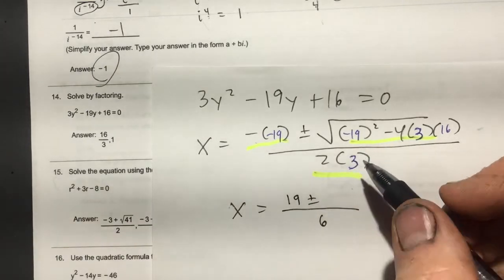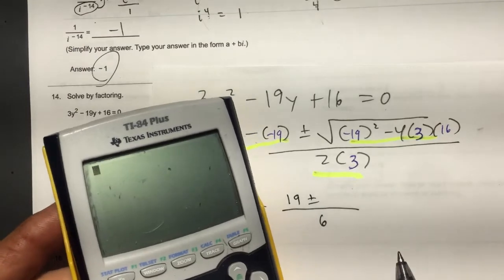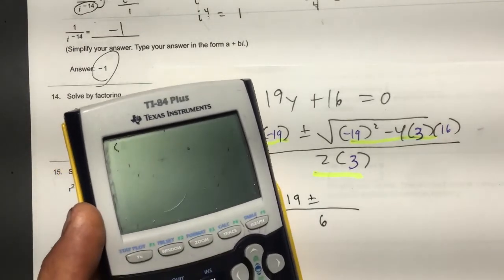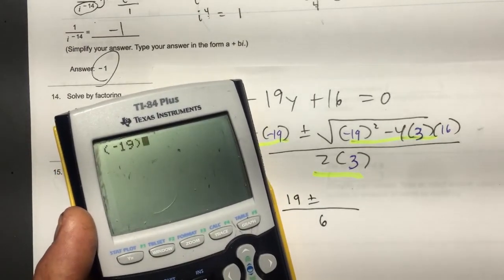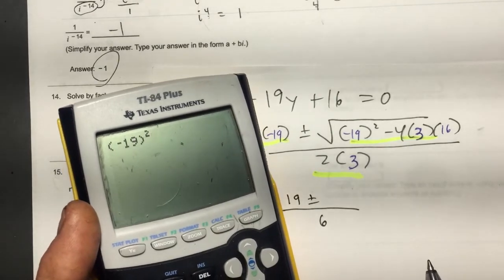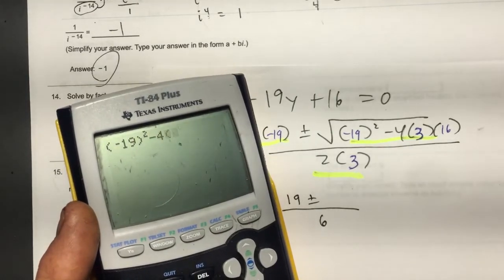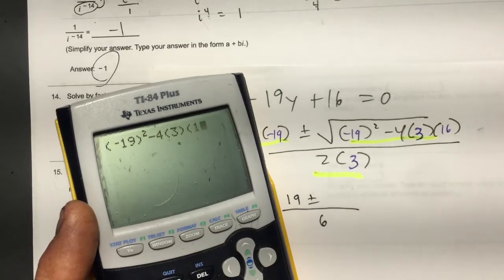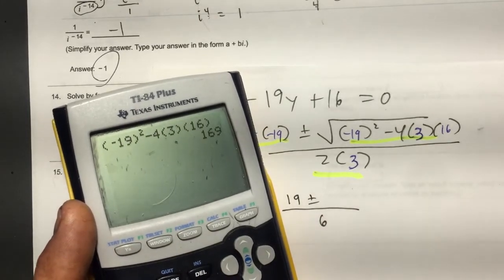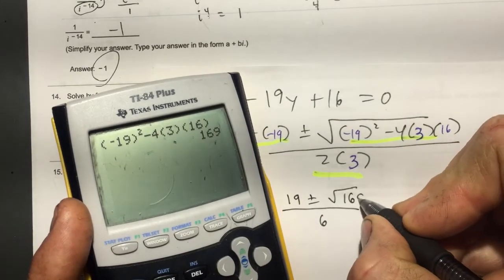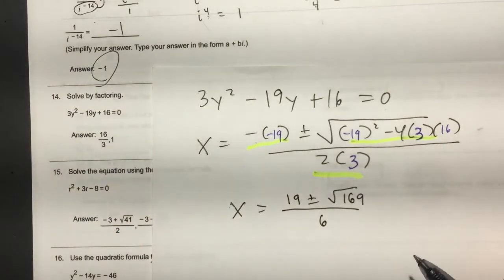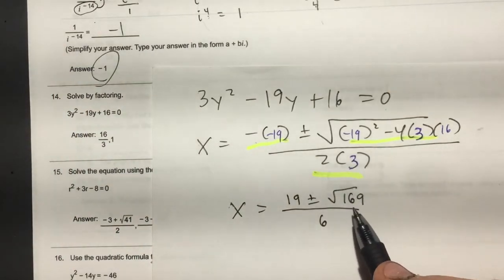And then in my radical, let's hit this parentheses and stuff on here. Negative 19 parentheses squared, minus 4 times 3 times 16, that gives 169. So we do that inside the radical, which is 169.